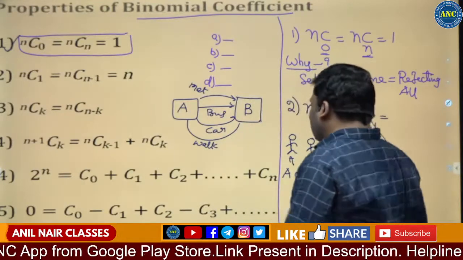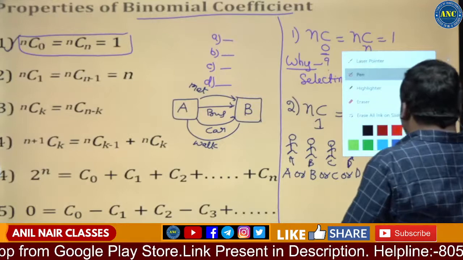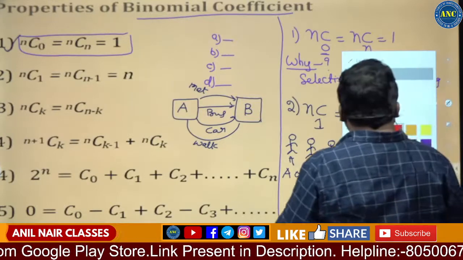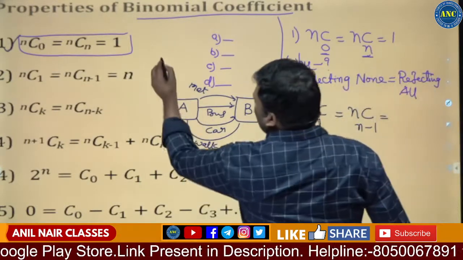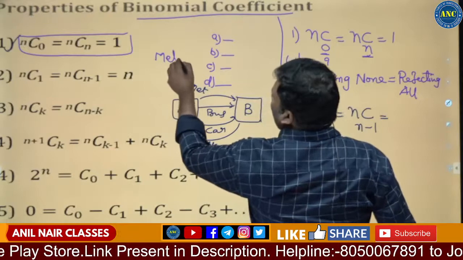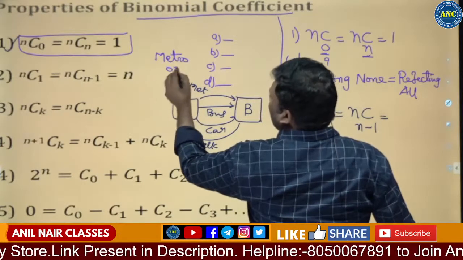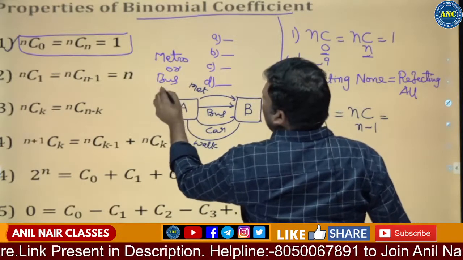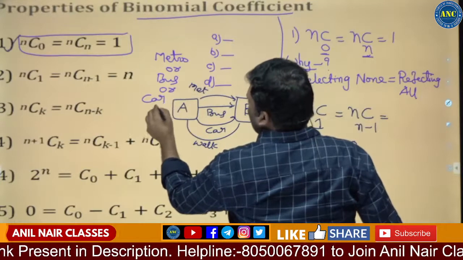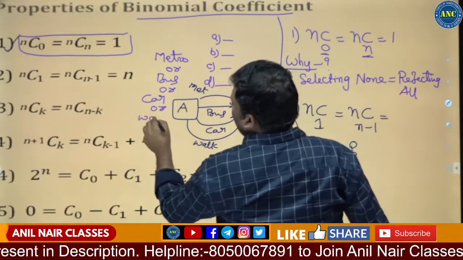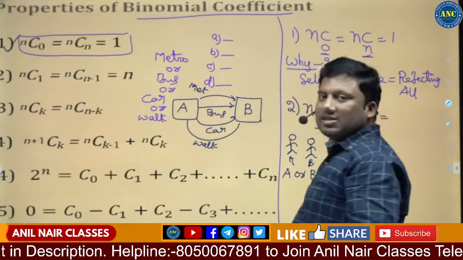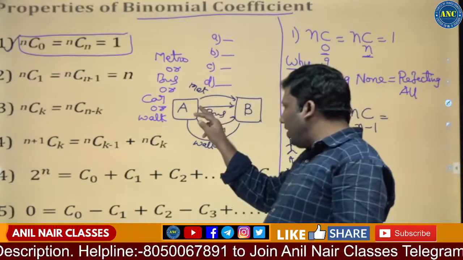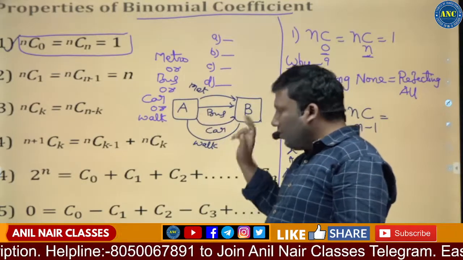In how many ways can I go? Either by metro, or by bus, or by car, or by walk. How many ways are there? 4 ways: one way, second way, third way, fourth way.